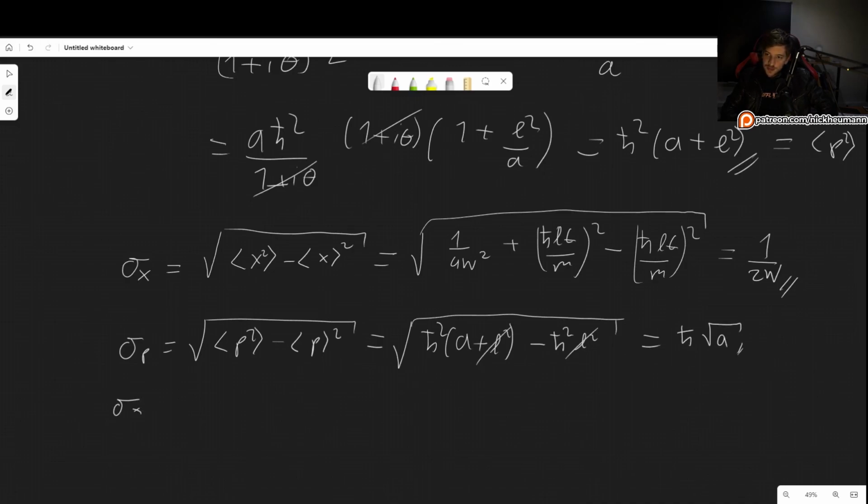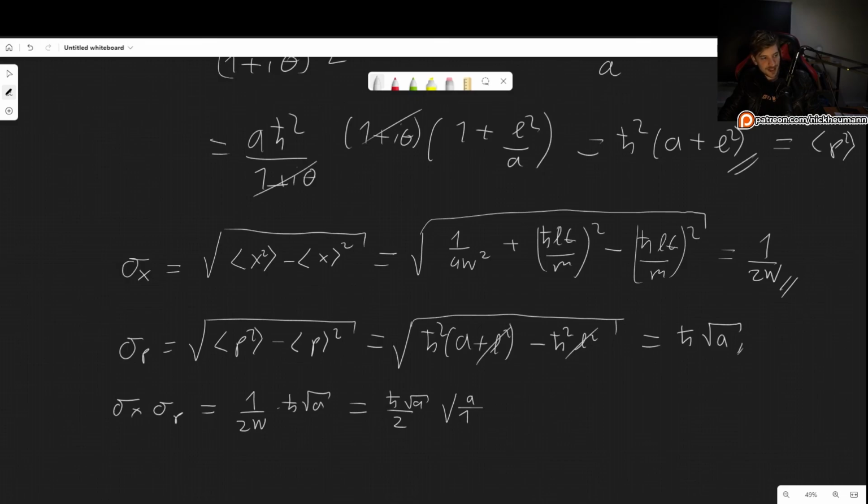So the uncertainty principle, sigma x times sigma p, gives us 1 over 2w times h bar square root of a. And what was w? I'm going to double check.